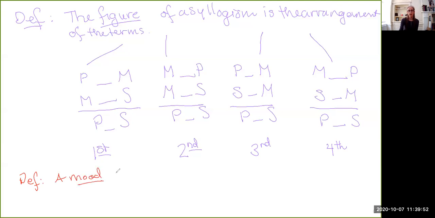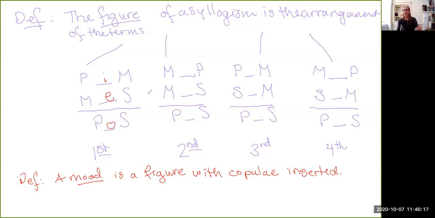A mood is a figure, so one of these four arrangements of the terms, with copulae inserted. So I could take a first figure arrangement of terms and stick in an E and an I and an E and an O, and now that will count as a mood.